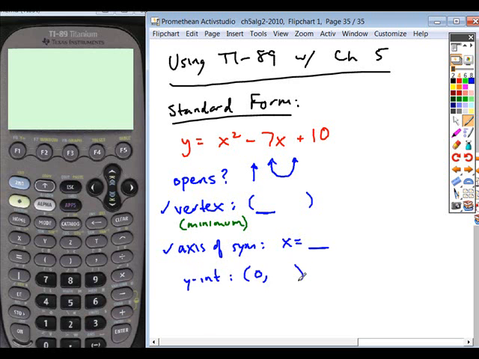Standard form, the y-intercept is simply the constant. So we know this one we can answer without having to do anything else. Okay? So we can identify which way it opens and the y-intercept just looking at the graph, or the equation, and then we can use our TI-89s to graph it and figure out the vertex and axis of symmetry pretty easily.